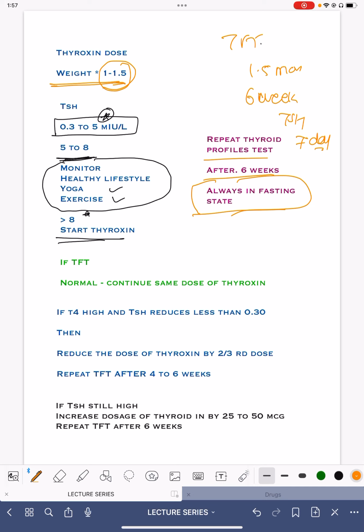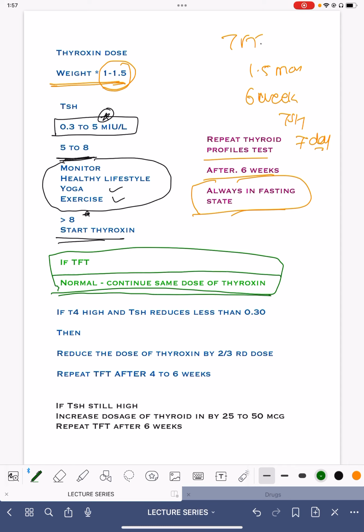The thing is, if after 1.5 months the thyroid function test is repeated, and it turns out to be normal, if the TSH becomes normal, we should not reduce the dose, but in fact, we should continue the same dose that we are giving to the patient. It simply means, suppose someone is taking 100 microgram of thyroxine, Thyronorm, or whatever brand he's taking.